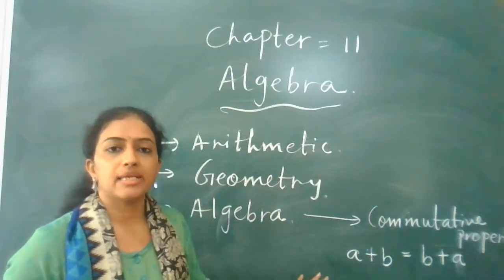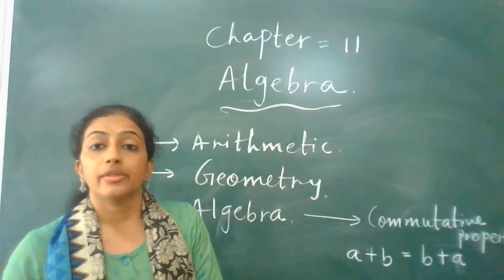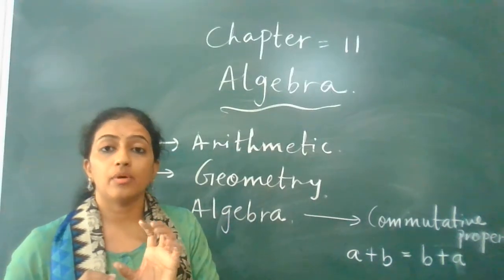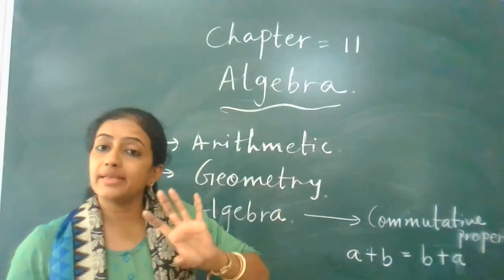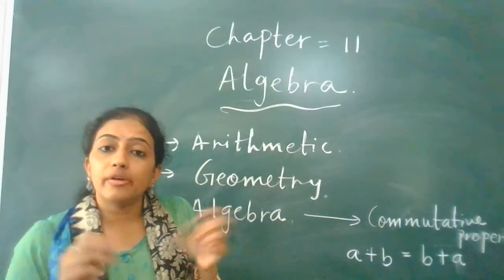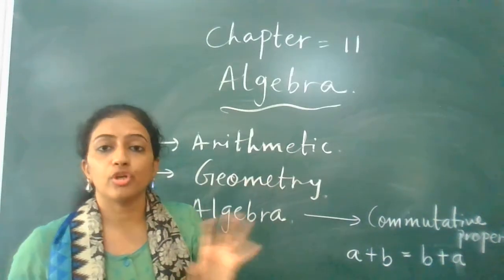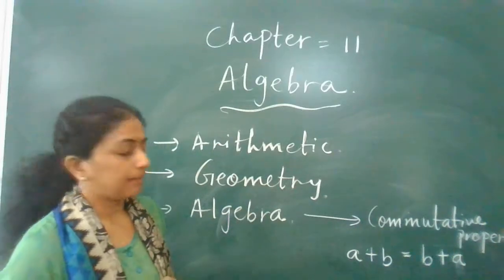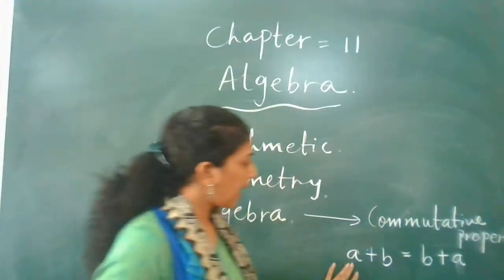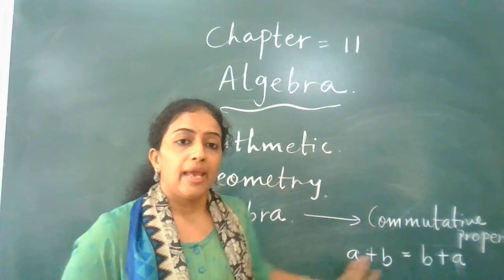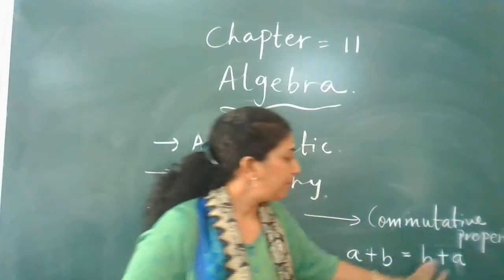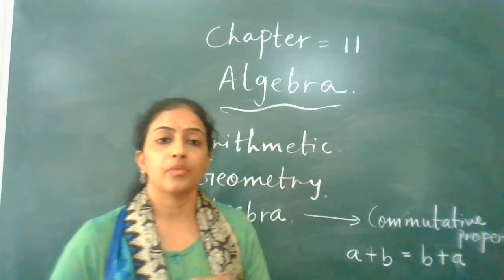But first we'll understand this, then we'll go to the formulas and the rules which you have already studied. You have already used algebra without your knowledge. So here A plus B or B plus A, it is the same.